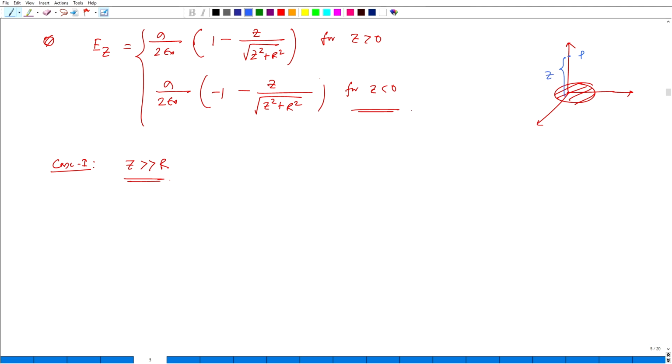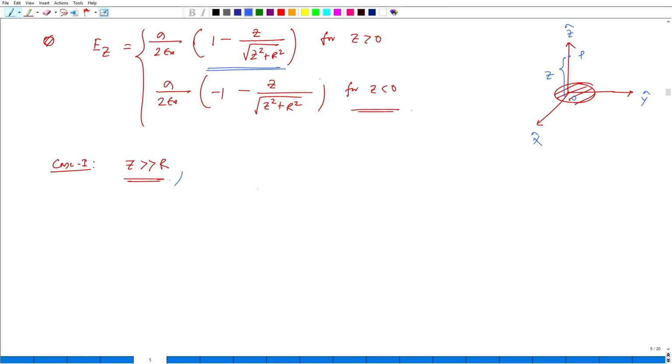This point P is above or below the plane, depending on the sign of z. This one is the x axis, y axis, and this one is z cap, x cap, y cap, and this is the origin.